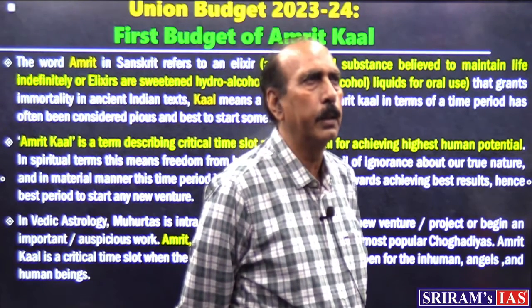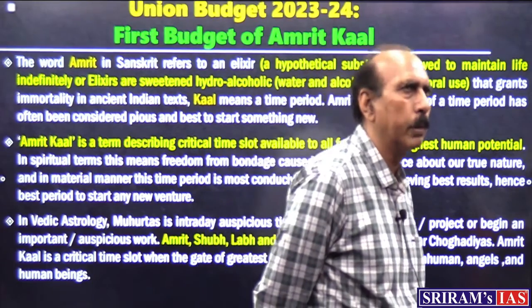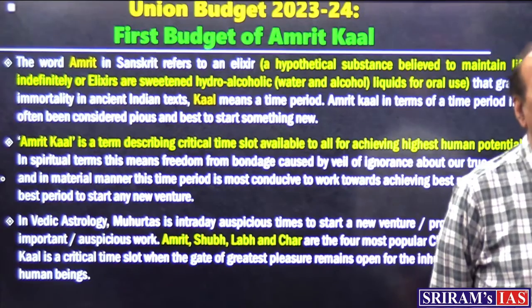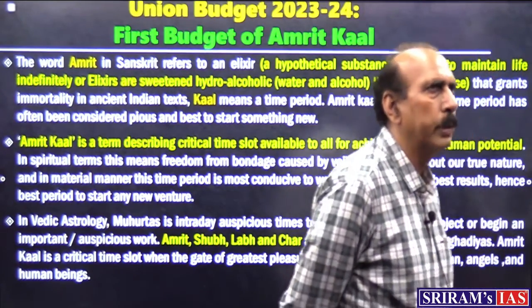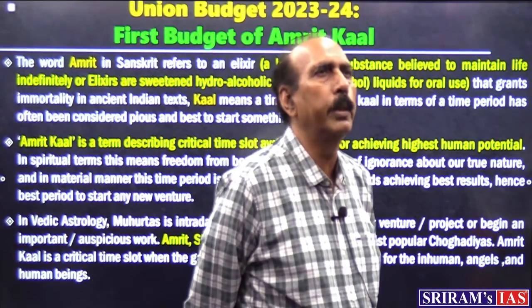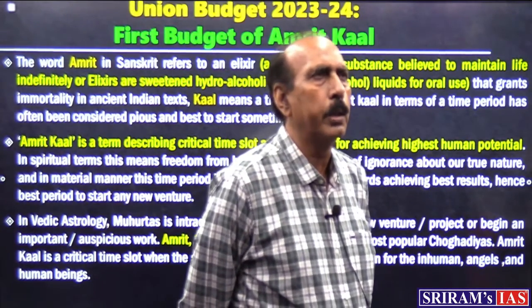And that's why, particularly when the Prime Minister gave the speech, he emphasized on youth, that the youth of the country should give their next 25 years to the country.